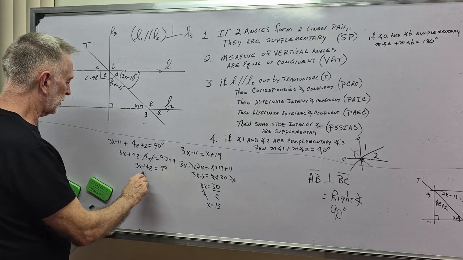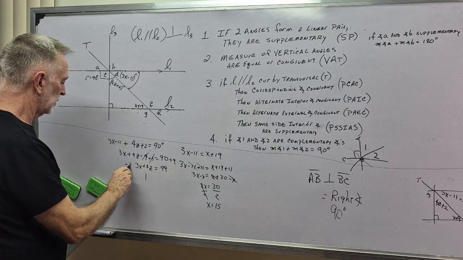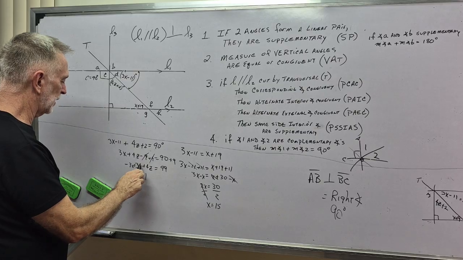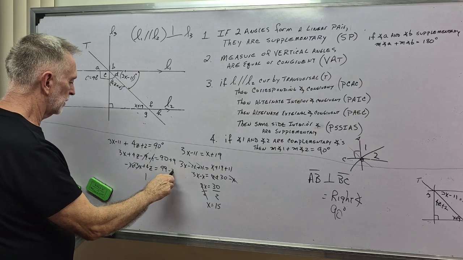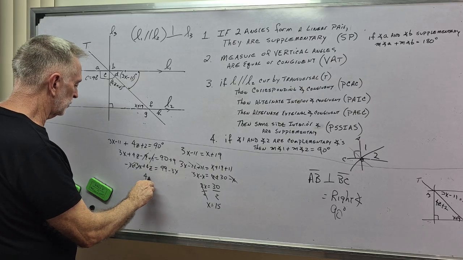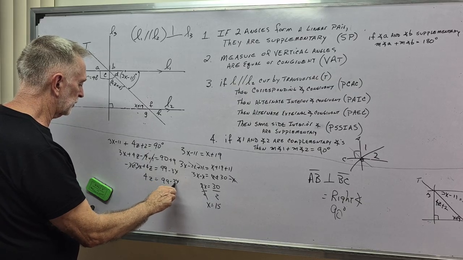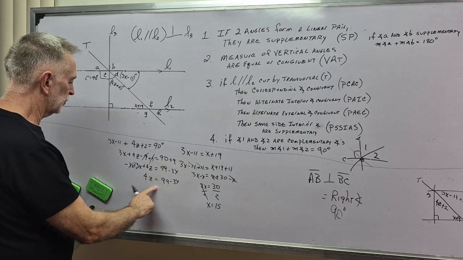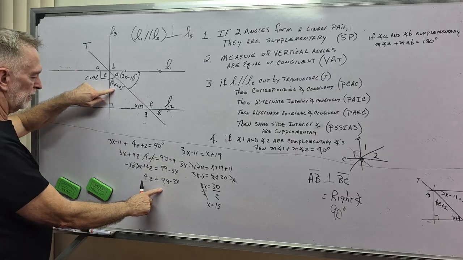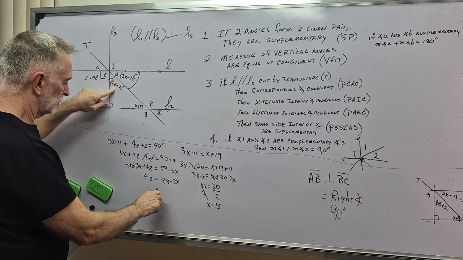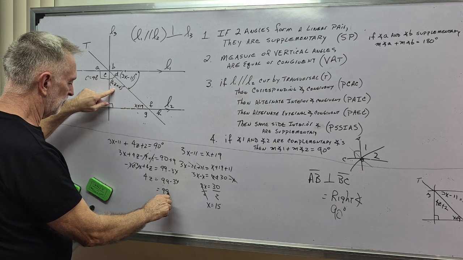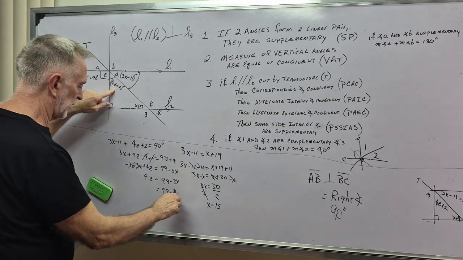Now if I subtract 3x from both sides, so 4z equals 99 minus 3x. 4z, where did I see 4z? I have a 4z here. So 99 minus 3 times 15.